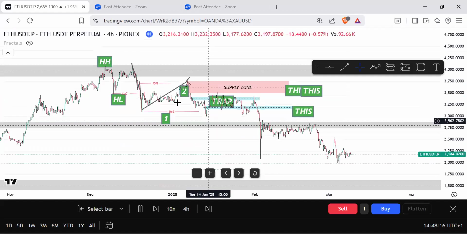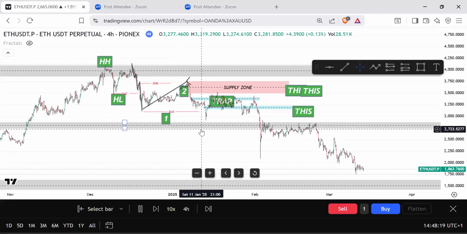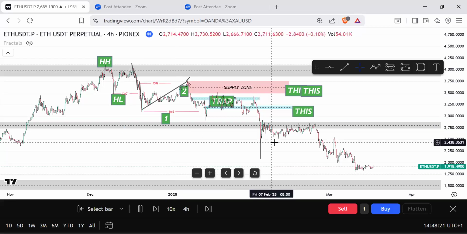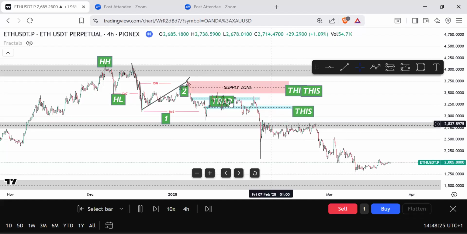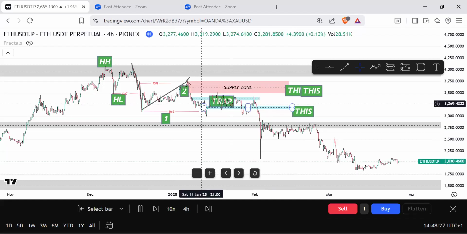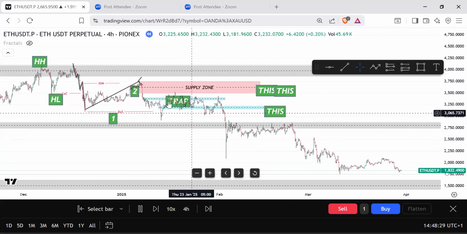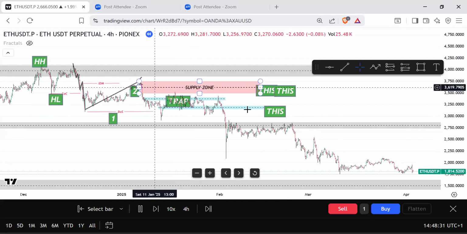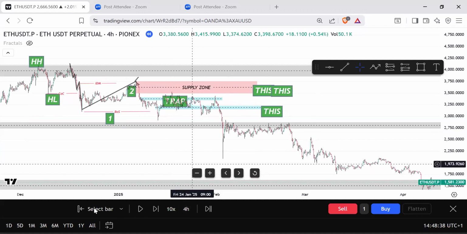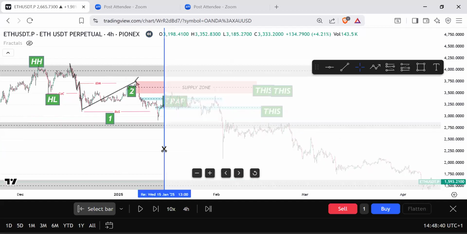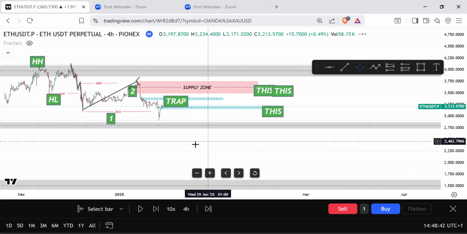Actually, this is something that we call missing the entry. Sometimes you say you missed the entry, and this is the scenario. So now let's say you identify the zone and set a limit entry there.